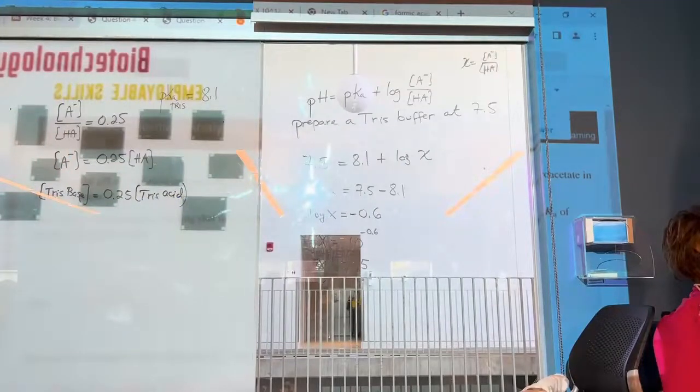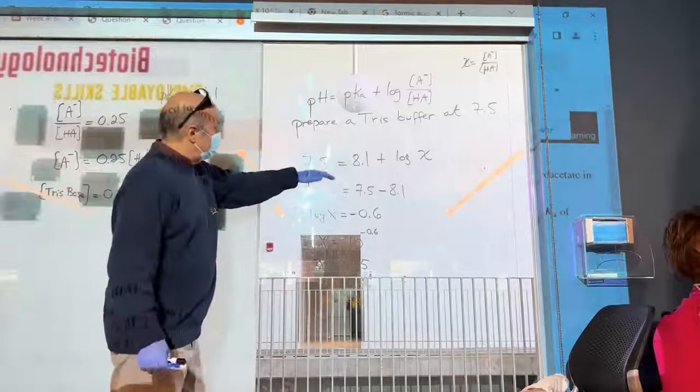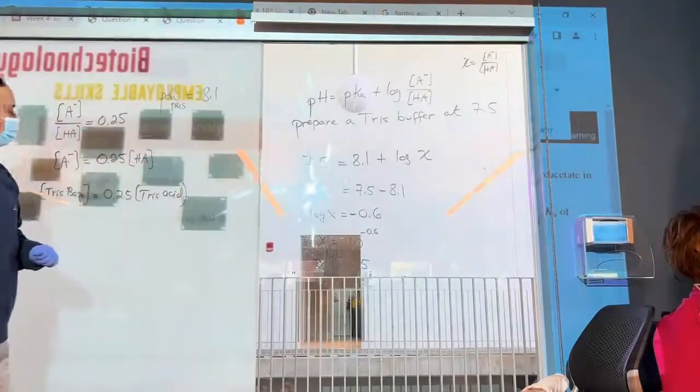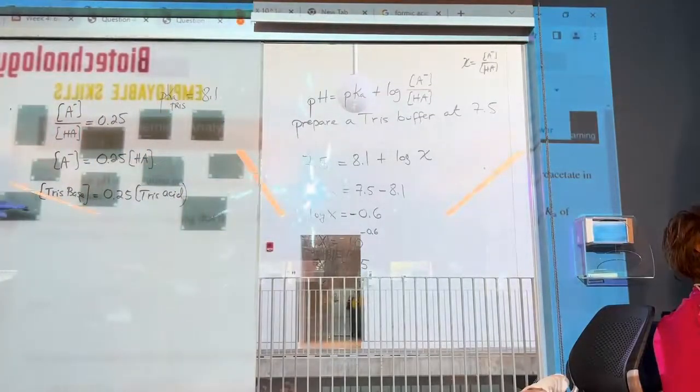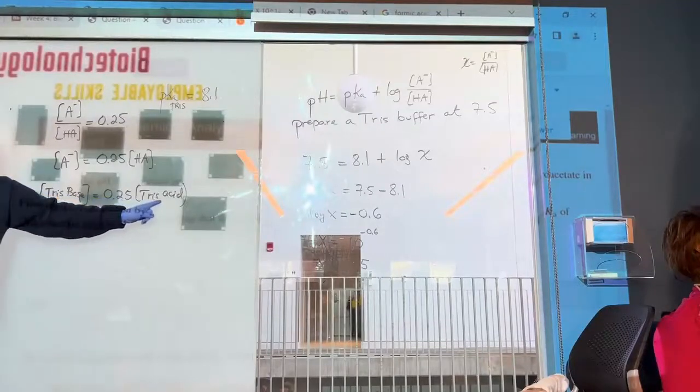So in the end, it turns out that we have all the information we need to make a buffer that will have a pH of 7.5 by combining, for every 1 mole of tris base, 0.25 moles of tris acid.